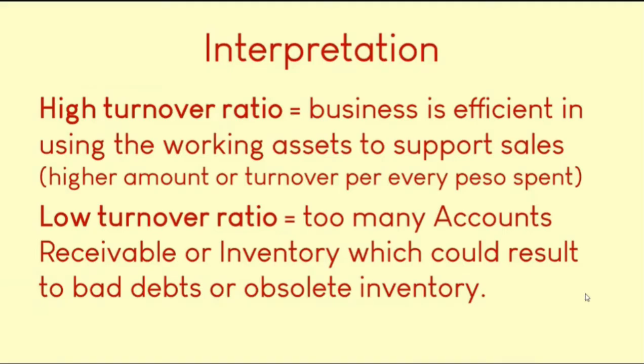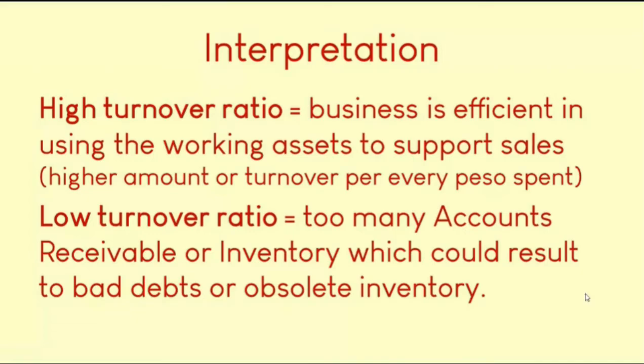So we established that a good working capital turnover ratio is the value of 1.5 to 2, and the low turnover ratio is less than 1. So kapag sabi nating higher than 2, kasi nga yung good turnover ratio lang natin is 1.5 to 2, that means that we don't have enough assets.